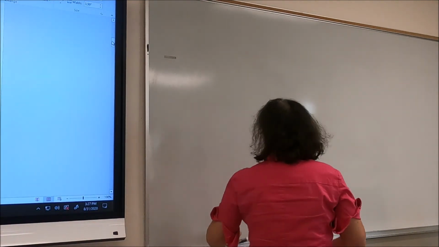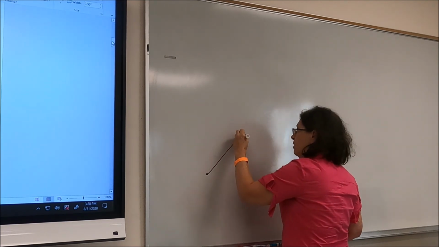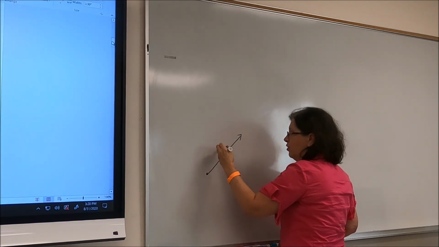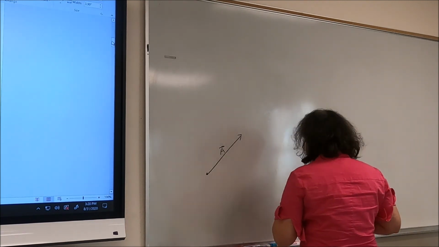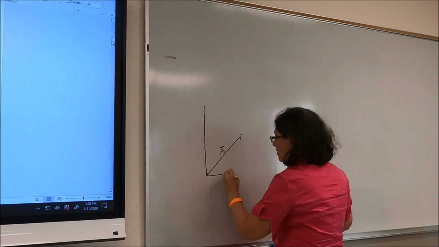If I had a vector A, and it started right here, and it went right here, vector A, sitting on this axis.